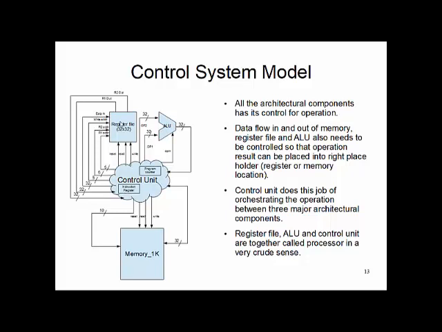Okay, so let's call it the write back cycle. This is how the control unit controls and synchronizes the operation between the other three components.